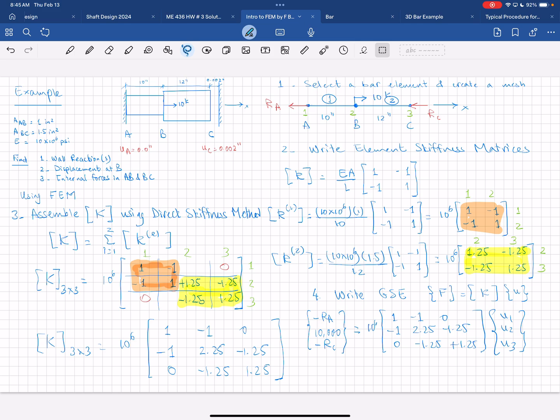So these are the three global stiffness equations.